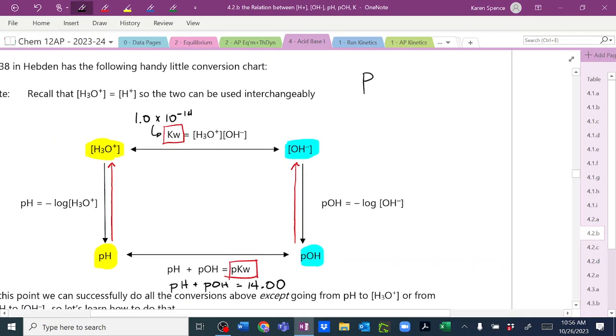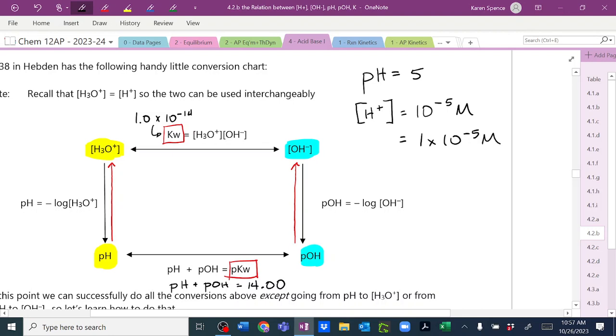If I gave you a pH equal to 5.00, what is the concentration of hydrogen ion? Or actually, let's just make it 5. If the pH is 5, what is hydrogen equal to? Yeah, it's equal to 10 to the negative 5 molar, or 1 times 10 to the negative 5 molar.